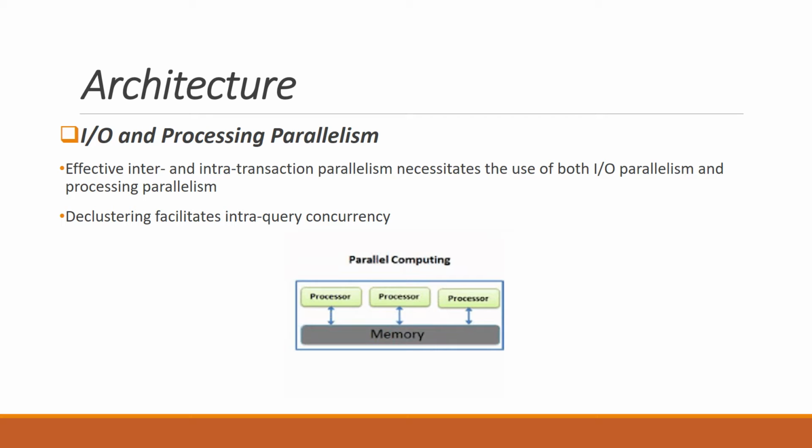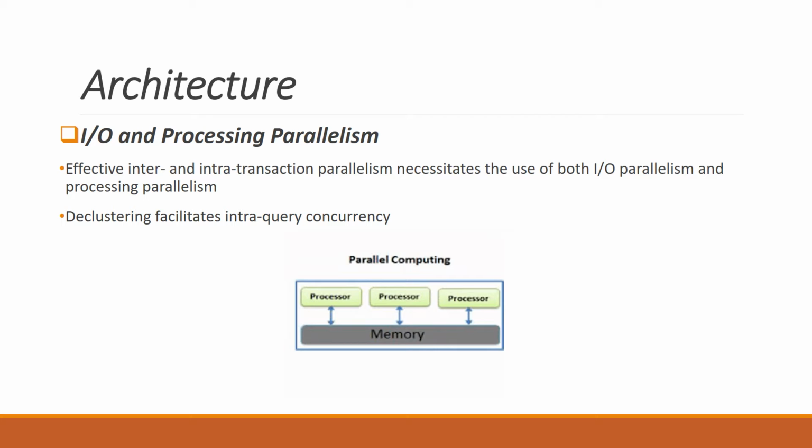Architecture. There are various levels of architecture, starting with the input-output and processing parallelism. Parallel database systems are built around multiple standard microprocessors and linked together via a local high-speed network. Effective inter- and intra-transaction parallelism support necessitates the use of both input-output and processing parallelism.